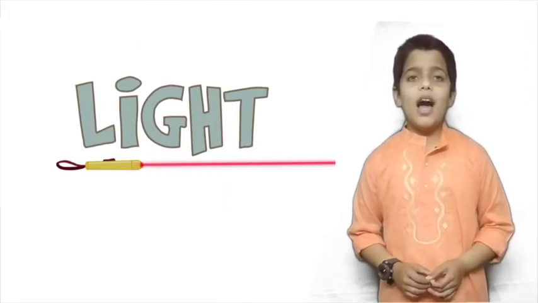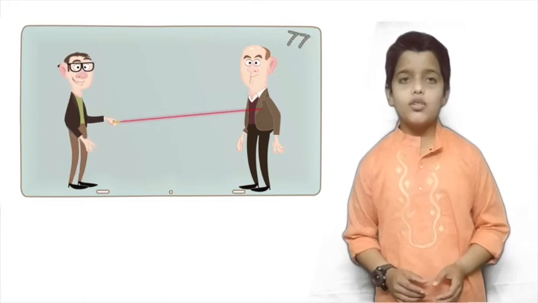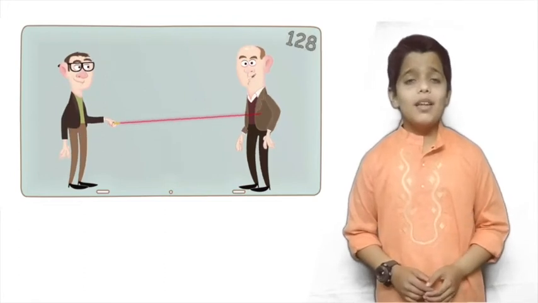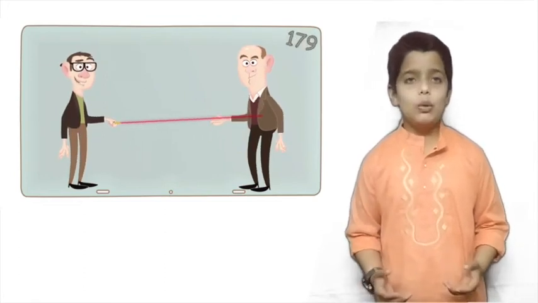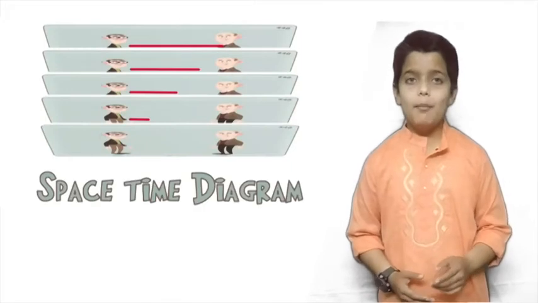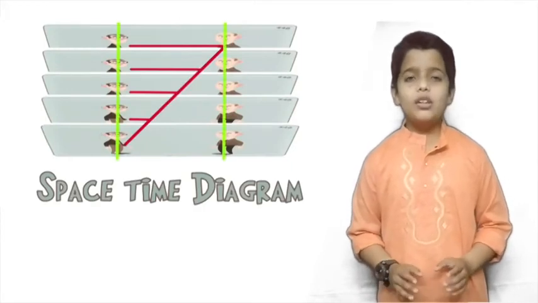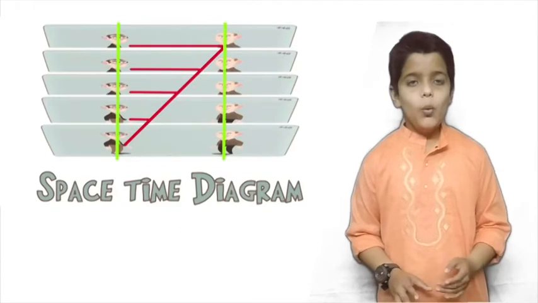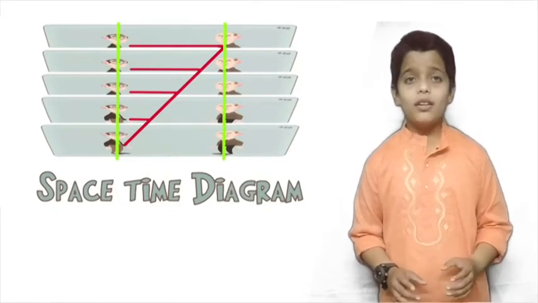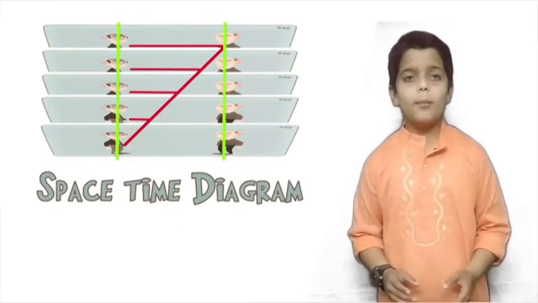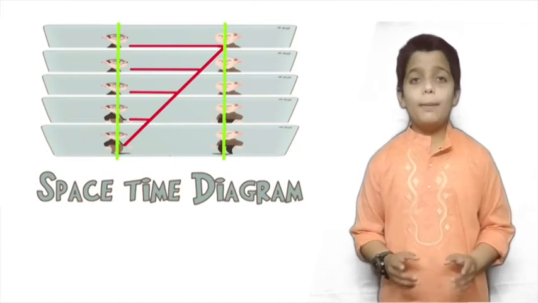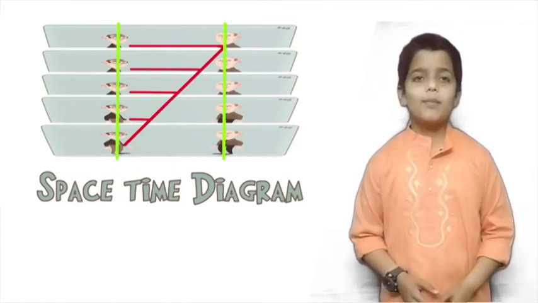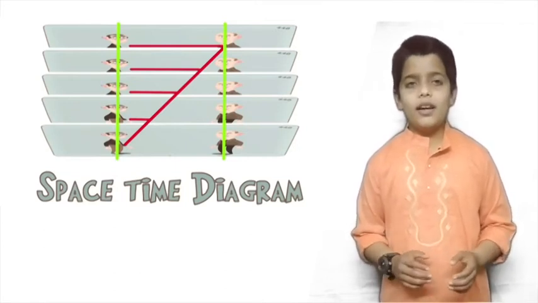Now consider Andrew projecting laser light on Tom. Light. It's the fastest thing in the universe, but we can still measure its speed. If we slow down the animation, we can analyze light's motion using a space-time diagram, which takes a flipbook of animation panels and turns them on their side.